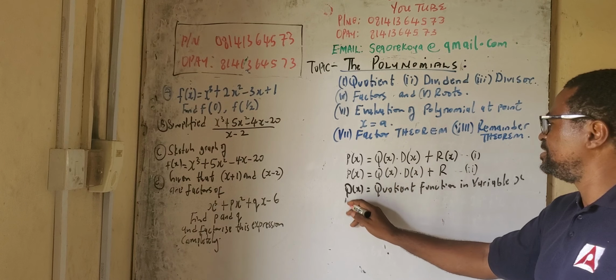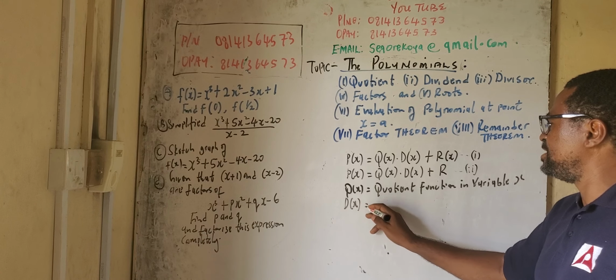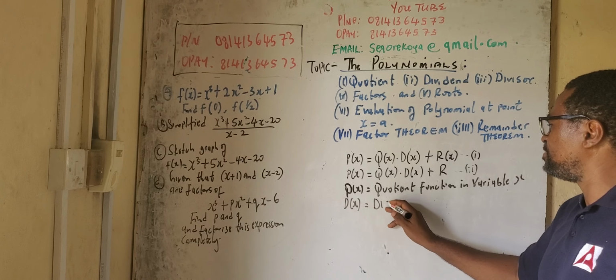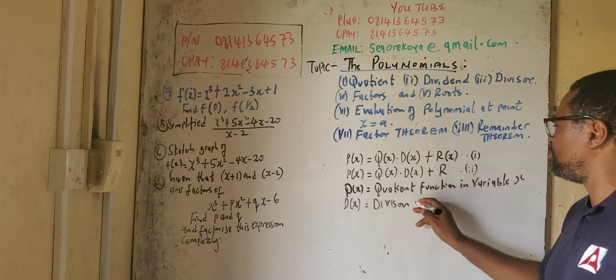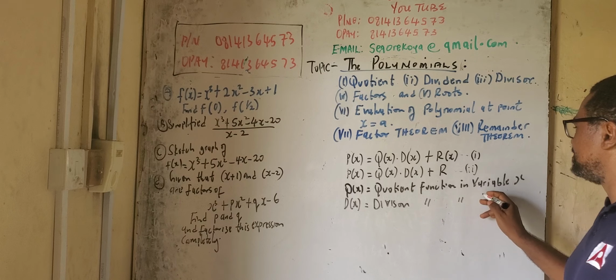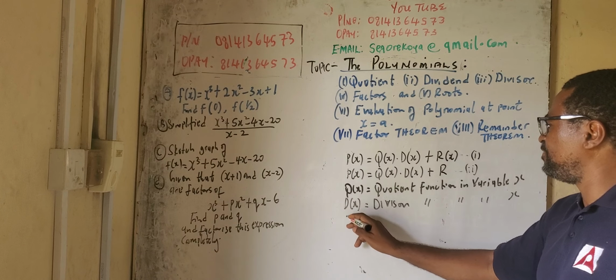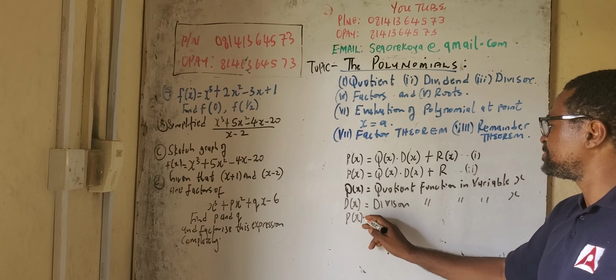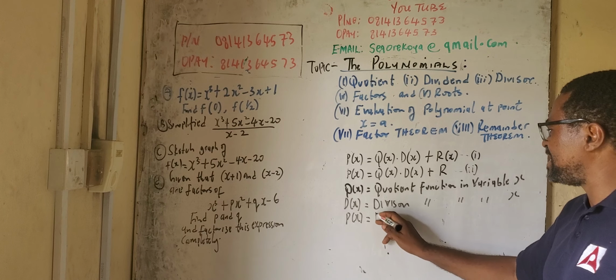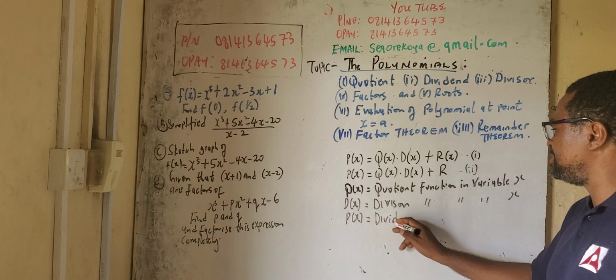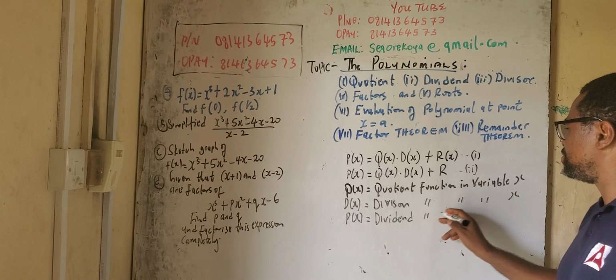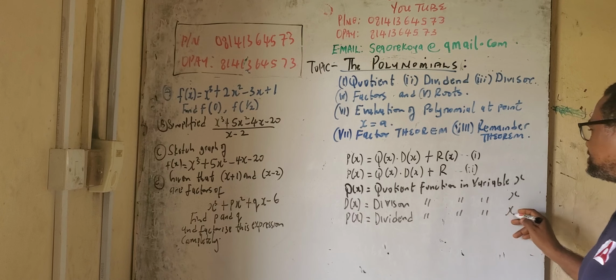The function d of x is called the divisor function in variable x. The function p of x, which is our polynomial, is known as the dividend function in variable x.